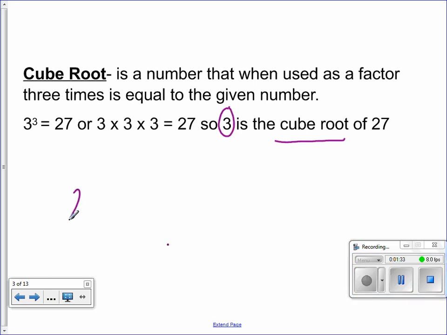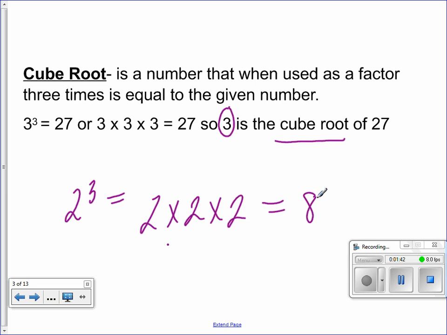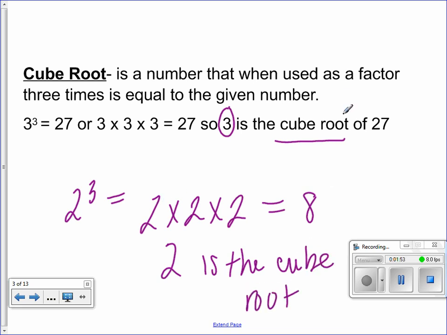If I had 2 cubed, that means 2 times 2 times 2, which would give me 8. So 2 is the cube root of 8. So the number that we are multiplying 3 times is going to be the cube root.